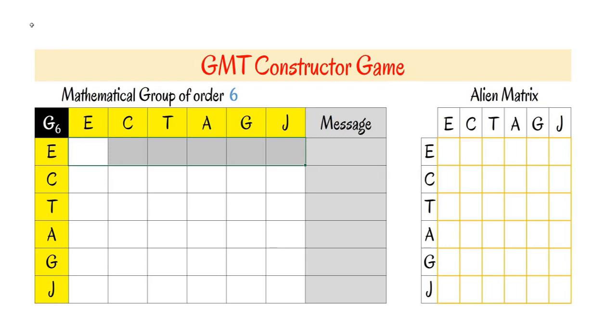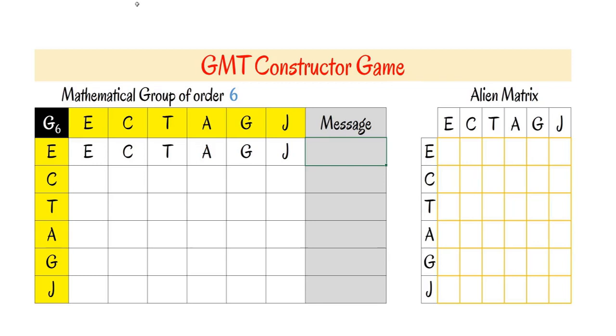For example, entering the first row and first column is particularly simple because you have an identity element on one side, and this identity element commutes with all other elements. Immediately you can write the first row: E, C, T, A, G, J. That is proper, that is fine, there is no mistake, so there is no change of color. If you notice a change of color, then that indicates that you have made a mistake.